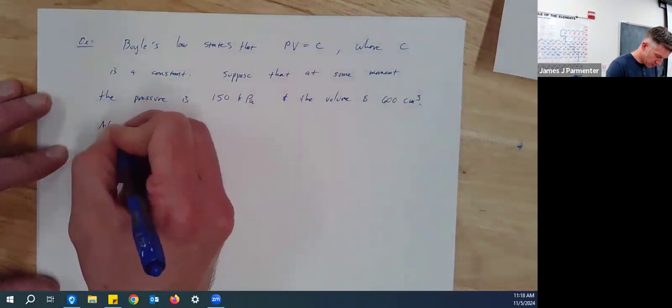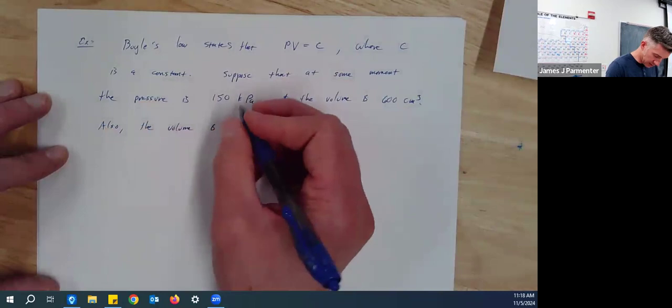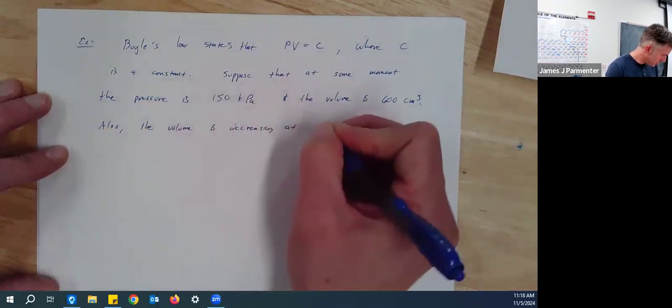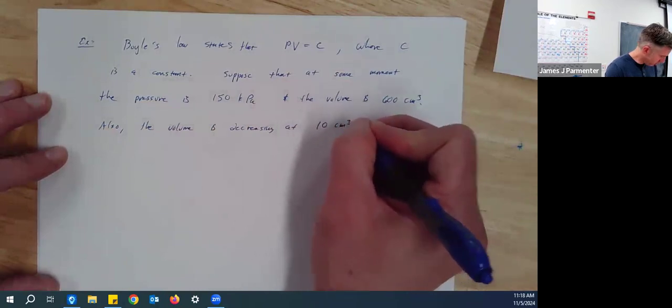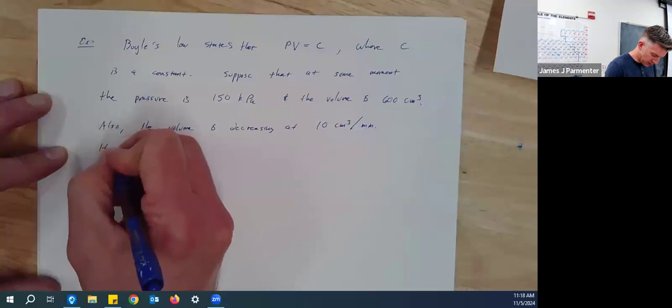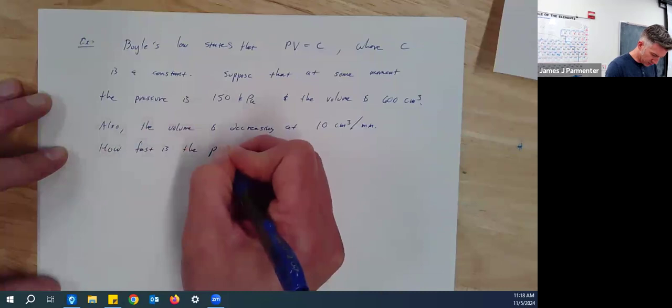Also, the volume is decreasing at 10 cubic centimeters per minute. How is the pressure changing? Or how fast is the pressure changing?